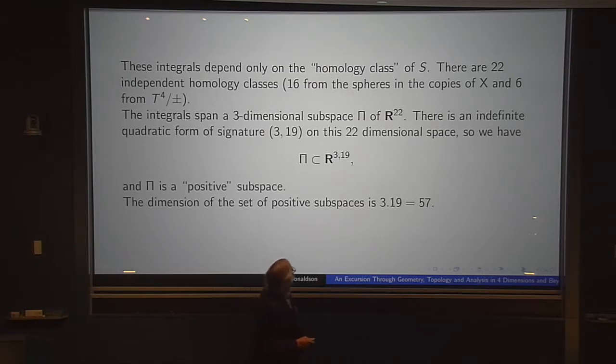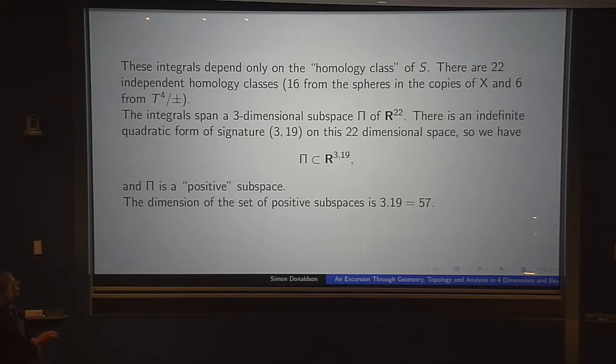So if we take those 22 independent surfaces and integrate, say, ω_I over those, then we get a vector in R^22. Then we do that for J and K, and we get three vectors in R^22. We can take the space which they span, so we get a 3-dimensional subspace of R^22.